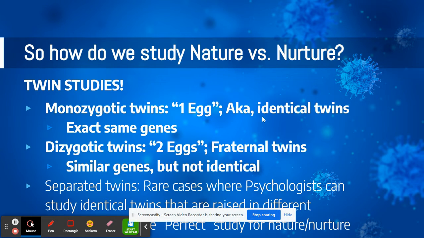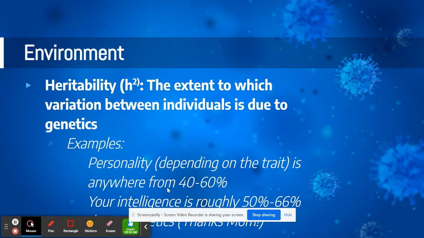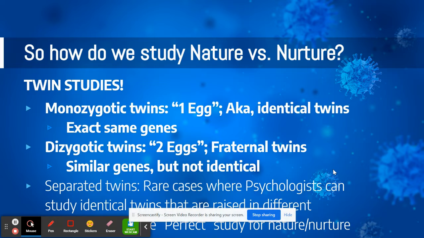But again, if you can get monozygotic twins, identical twins raised in different environments, they can be considered your perfect case study. And if there's any difference between them, we can say that that is due just to environment. And that is how you can then extrapolate and make some inferences about what percent of a person's difference, one person to the next, is due to genetics versus environmental factors.